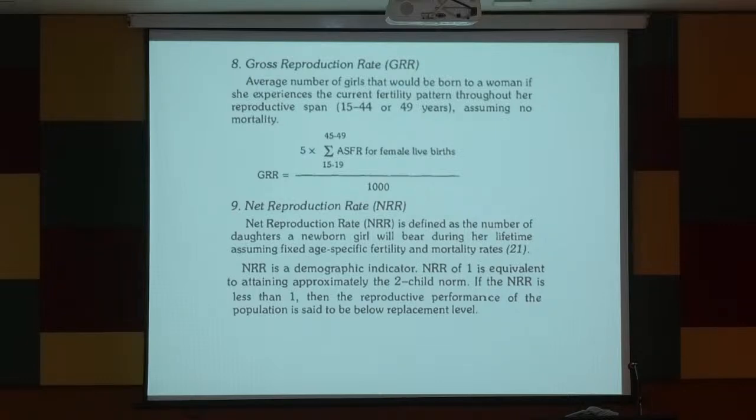Assuming no mortality among the girls born, if the current fertility pattern is followed, the average number of girls will be the gross reproduction rate. So it is almost the same as the total fertility rate, except it is the age-specific fertility rate for female live births.